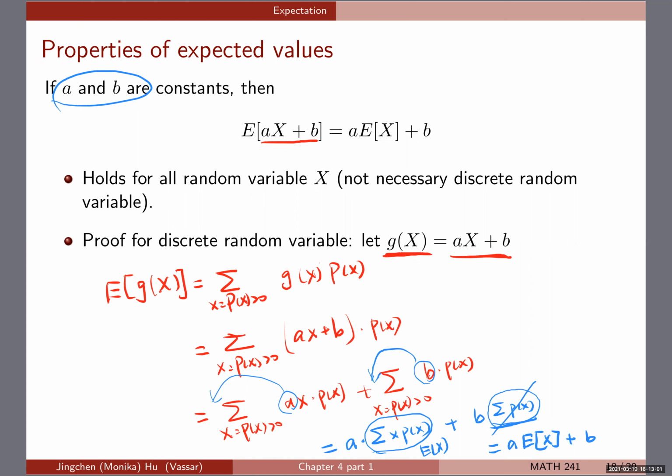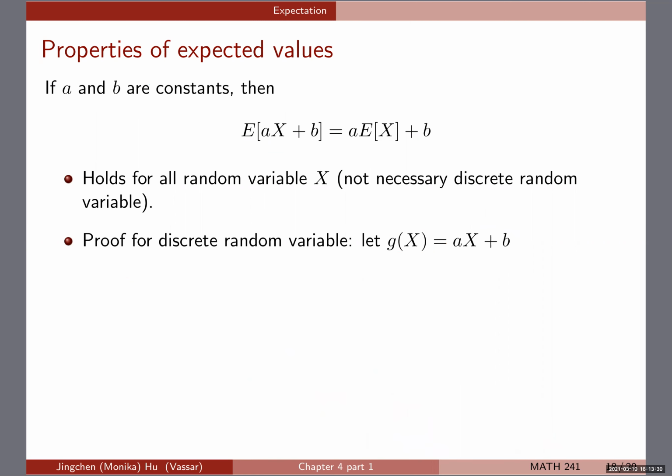The key here is that we recognize that ax plus b is just a function of x. Once we recognize that, we can follow the result of the expectation of a function of a random variable, and from there, things flow. Also, try to recognize this as the expectation of x, and that the sum of all of the possible PMF values adds up to 1.